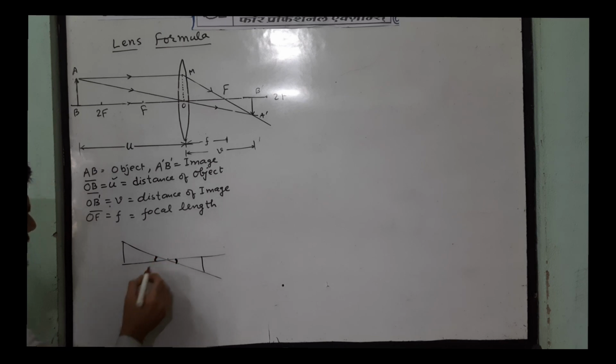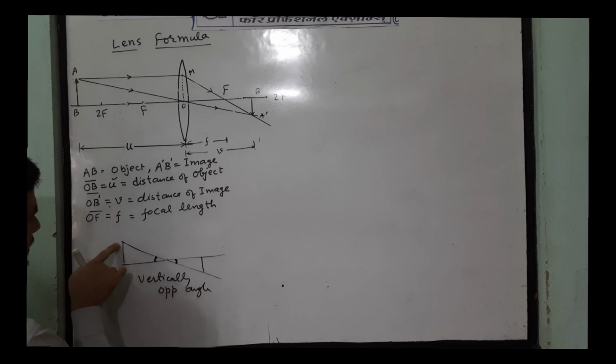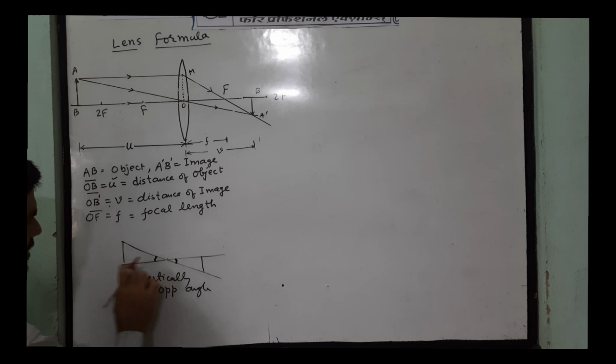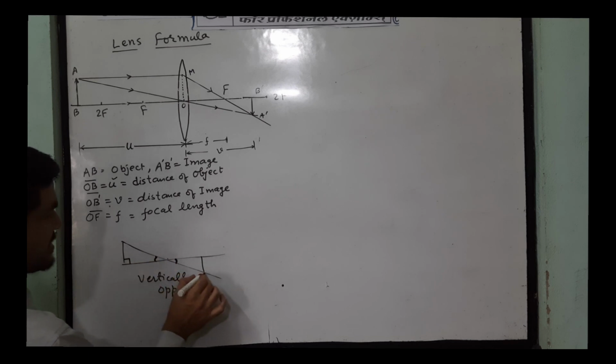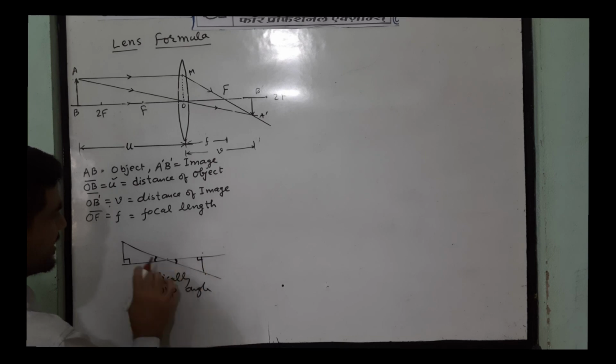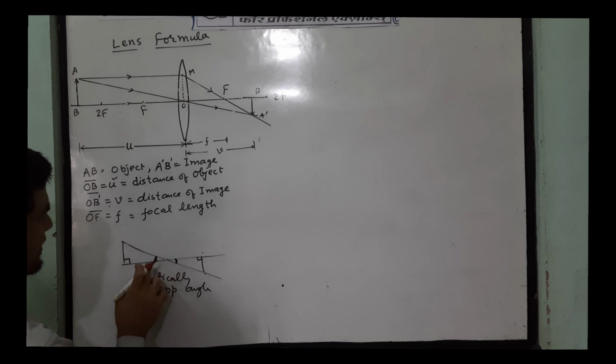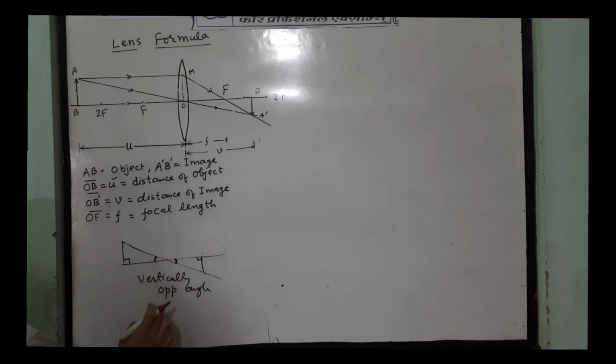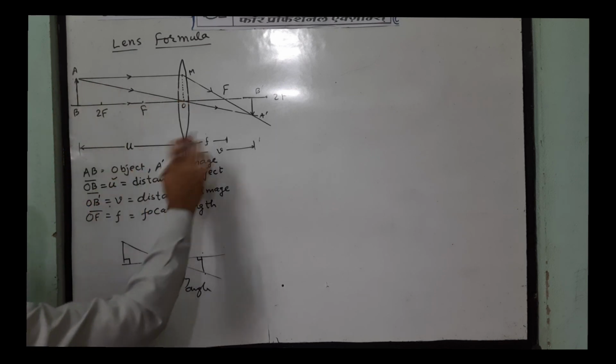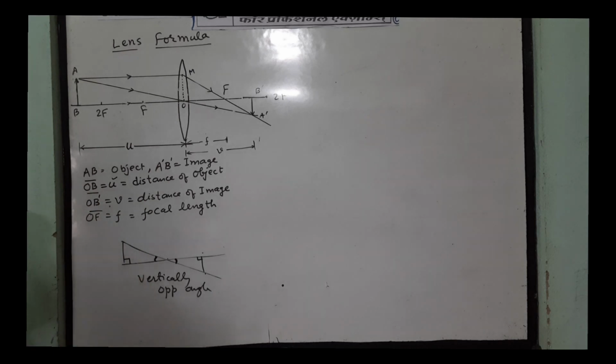These two angles are vertically opposite angles. The AB object is kept on this principal axis and it makes 90 degrees. Similarly, the image A prime B prime makes 90 degrees with the optical axis. So these two are right angle triangles, and these two angles are equal. So we can say these two triangles ABO and A prime B prime O are similar triangles.